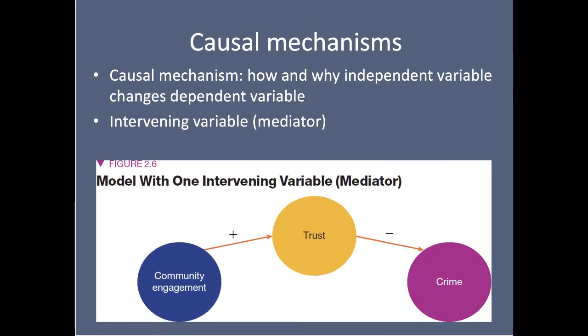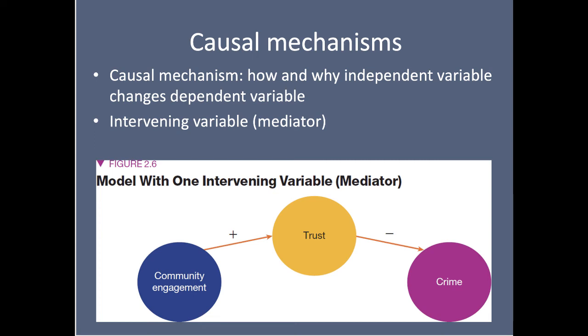Because what we are going to focus on now is causal mechanisms, right? So supposedly this community engagement, police engaging with the community, is going to reduce crime. Well, why? Why should it do that? Why should we believe that?